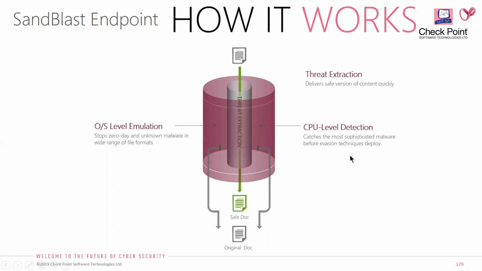And this is what will create the forensics report that I will show you in a few minutes, the sandboxing part. We're using this CPU level detection and this operating system level emulation to identify if a document is malicious or not, all while the user has a safe copy to work with.